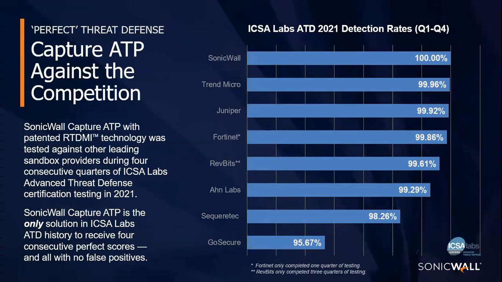Capture ATP with RTDMI technology was tested against other leading sandboxing providers during the last 4 consecutive quarters. SonicWall was able to detect 100%, while other brands were lower: Trend Micro detected only 99.96%, Juniper 99.92%, Fortinet 99.86%, Check Point 99.61%, and NSS Labs 99.29%, then Symantec 98.26% and GoSecure 95.67%.